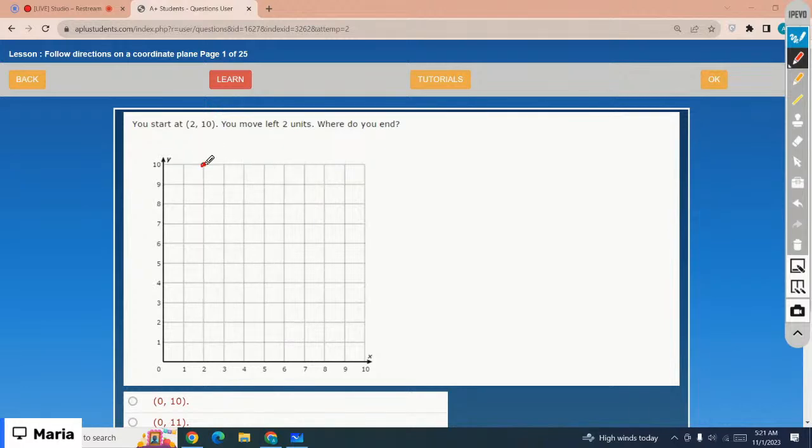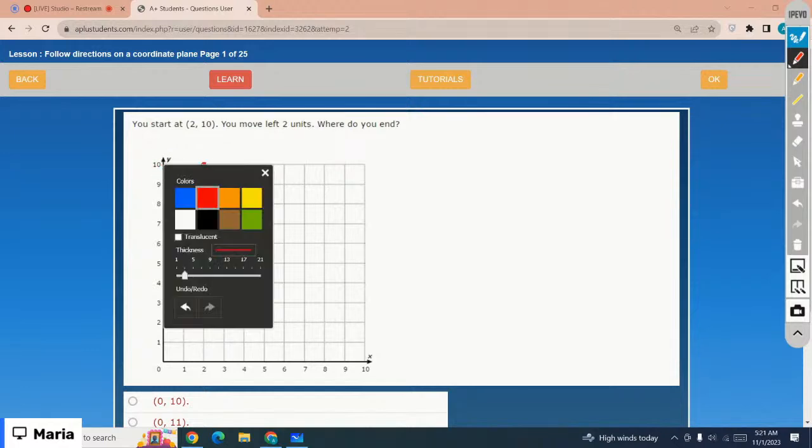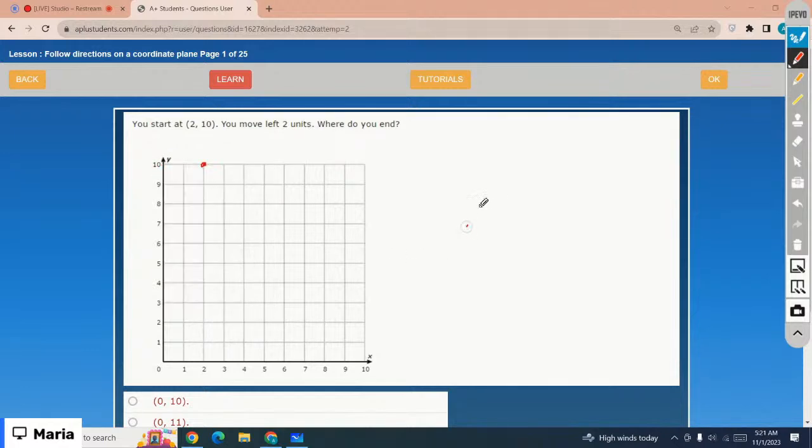You moved left 2, so move just left. You end up here. So the coordinates are x is 0 because you're on the y-axis and y is 10. So that would be 0 and 10.